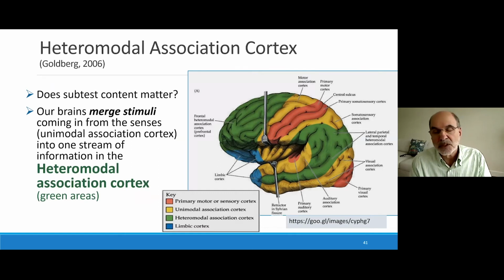Problem is, it doesn't work. It doesn't really work because that's not how the brain works. The brain doesn't work by modality. The brain works by information after the modality part has been stripped away. And that's why the heteromodal association cortex is such an important thing to know about.